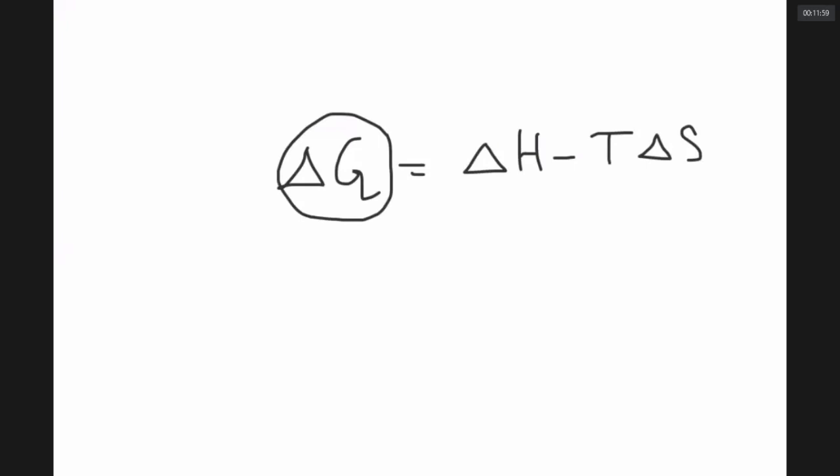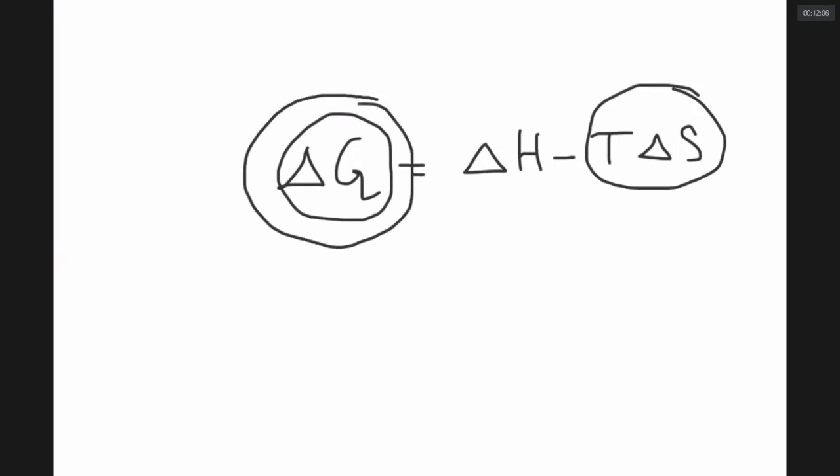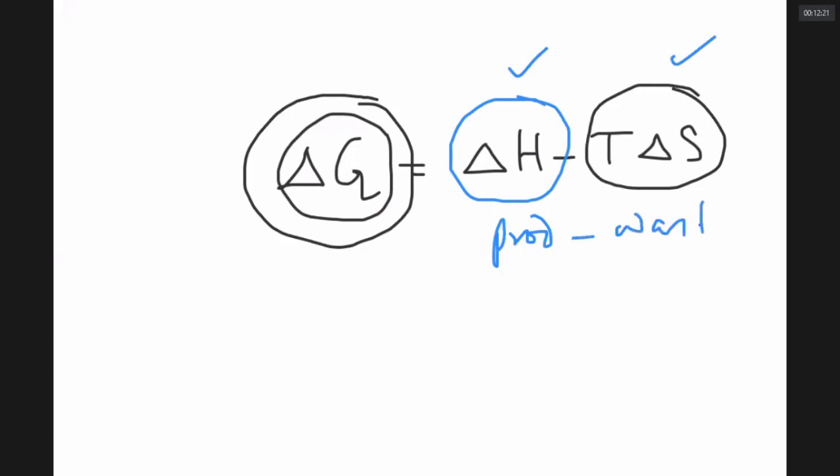The wasted part is given by T delta S and the useful part is given by delta G. Delta H is equal to the total energy released due to combustion. From the energy released due to combustion of fuel, a part of it is wasted. Produced minus wasted is equal to useful energy.